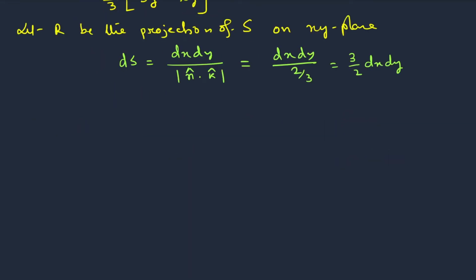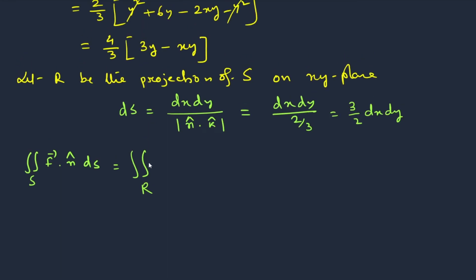Now we can easily find the surface integral, which is double integration over S f bar dot n cap ds. Now what is the projection of the surface S? It is r. So now we can write double integration over r f bar dot n cap. So f bar dot n cap is how much? It is 4 by 3 then 3y minus xy.